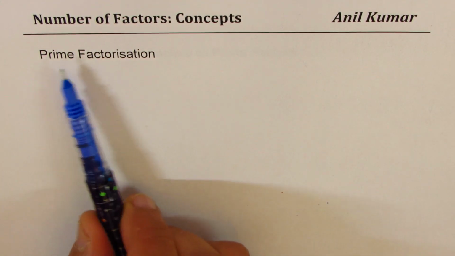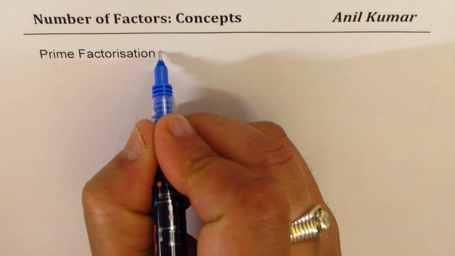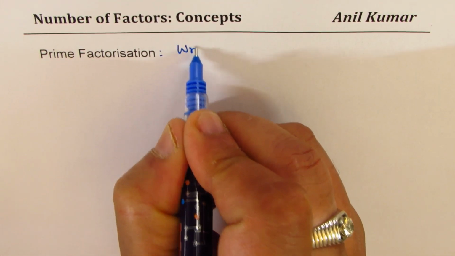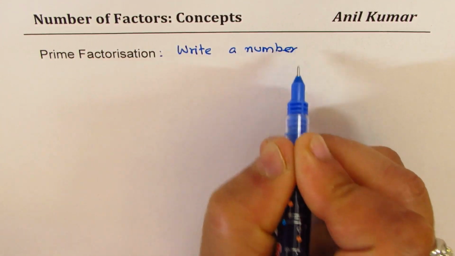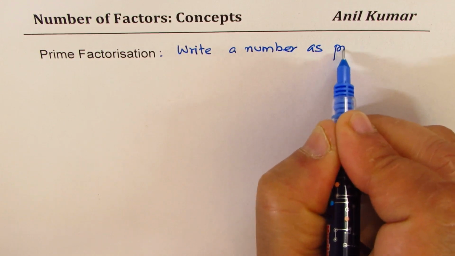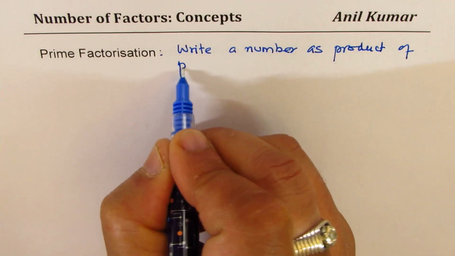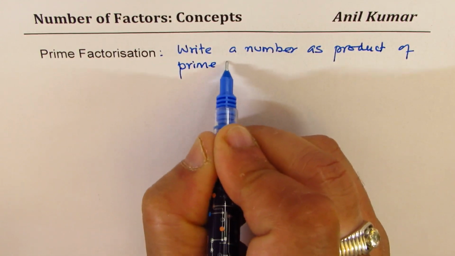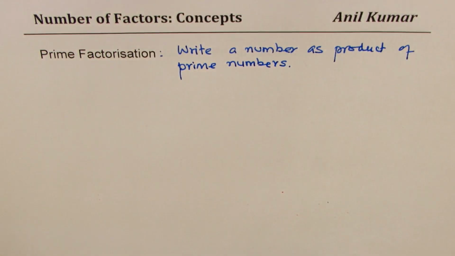Prime factorization is writing a number as a product of prime numbers. So that is what prime factorization literally means, right?